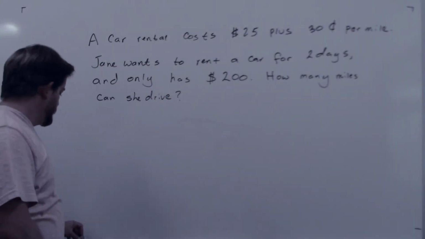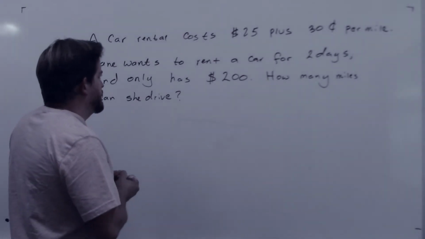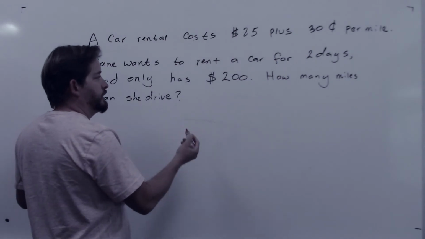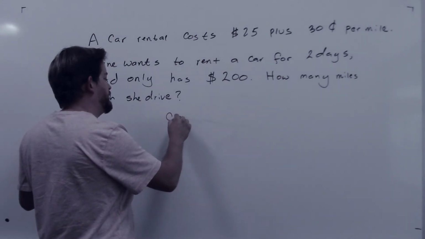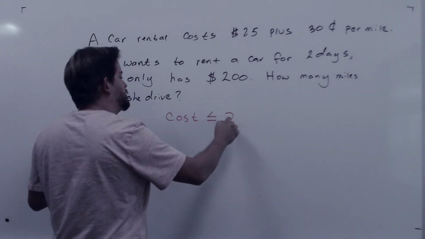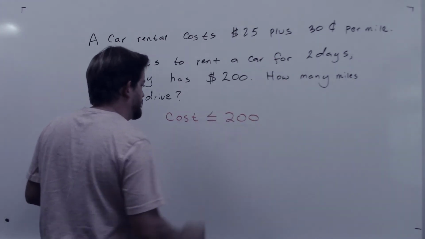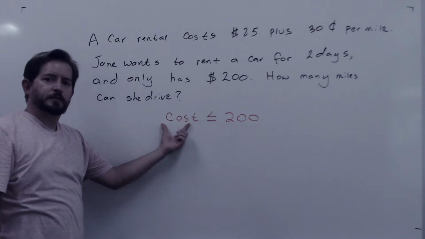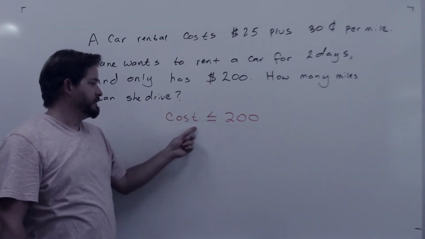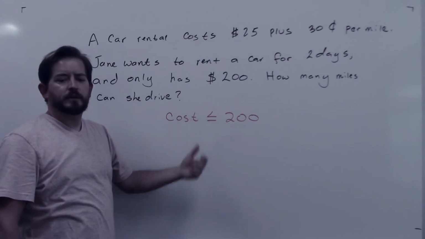So again, the general overall equation is Jane has only $200, right? And she's going to rent a car, so the cost of renting this car needs to be less than or equal to the $200 that she has. Now we just need to create some expression for this cost. Whatever she spends can't exceed $200, otherwise she's in trouble.